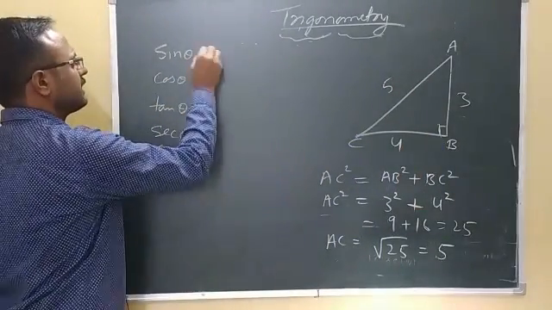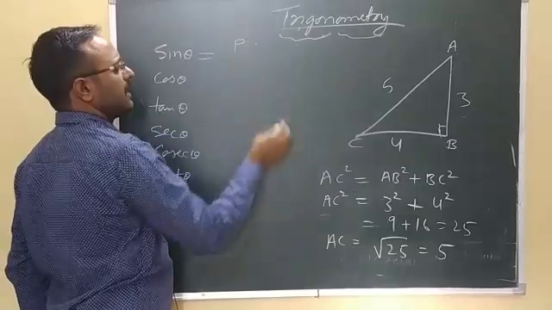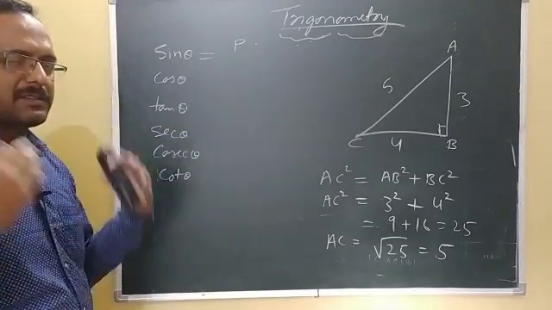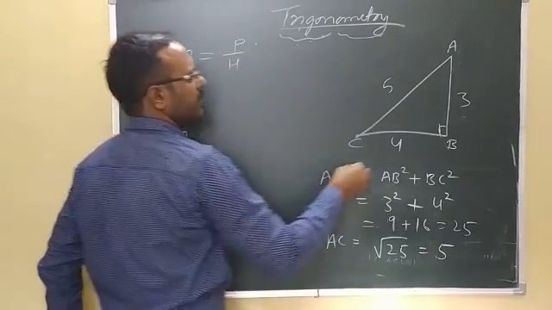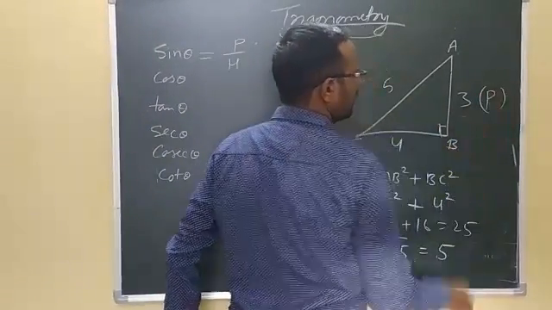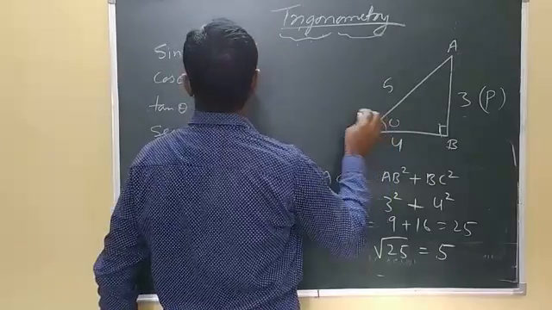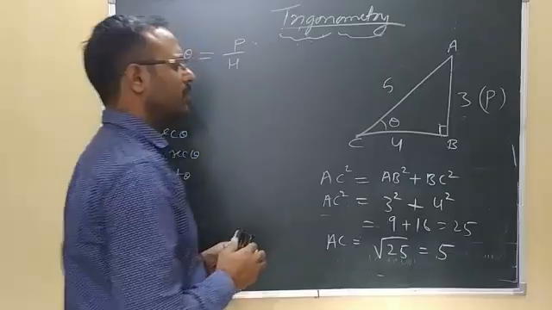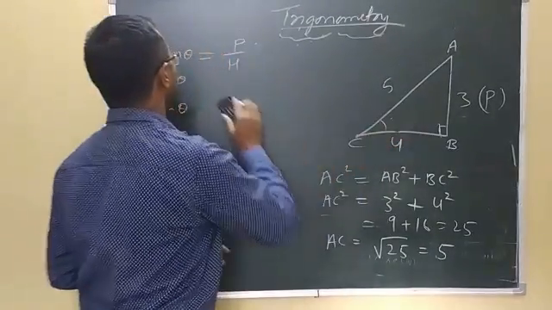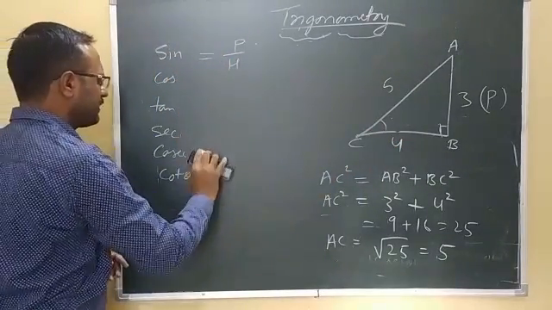Now what will be the sin theta? As by the table you can memorize, it was P upon H, and P was the opposite side. Rather, we should find like this.